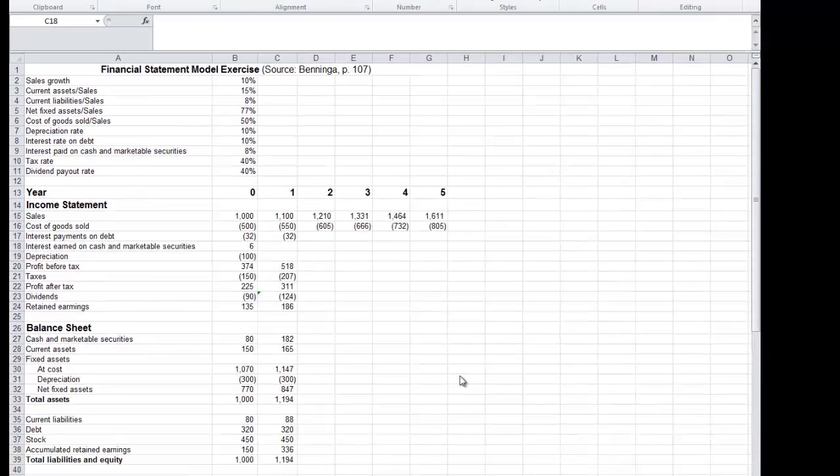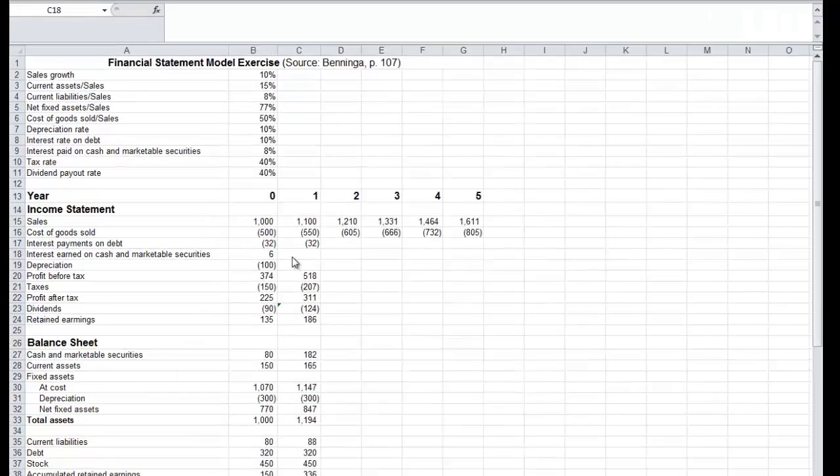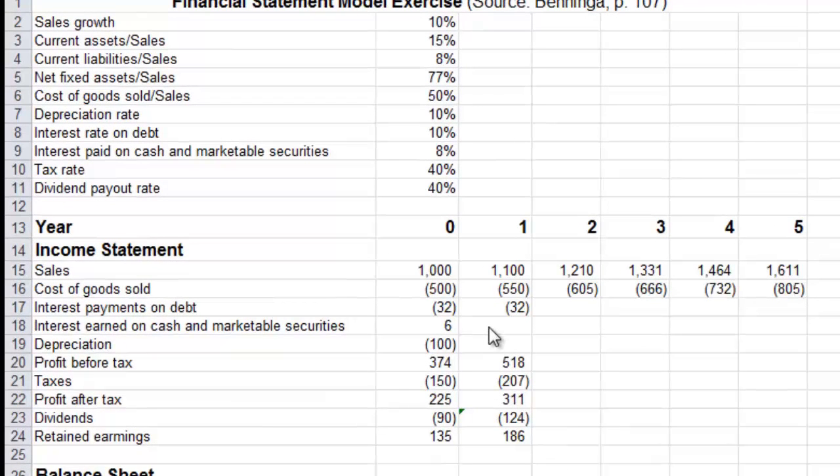But there are a couple items in the income statement and balance sheet that are simultaneously determined, and that adds a little bit of complexity to the calculations. For example, the interest earned on cash and marketable securities is based on the cash and marketable security amounts in the balance sheet, which in turn are determined by the income statement. So we enter them and we wind up with an error message from Excel unless you have the settings set to handle iterative calculations.